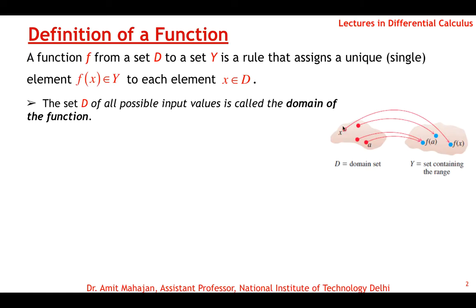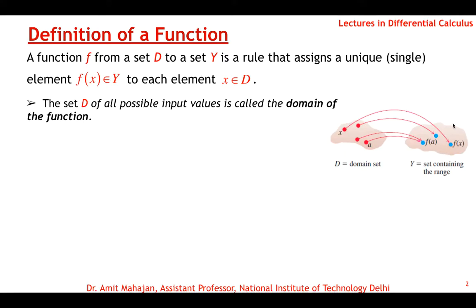Okay, so whatever values are there in the input is your domain of the function. Okay, and for each element here, by rule, they will be assigned a unique value in the codomain, which we call the output region, or the codomain region.